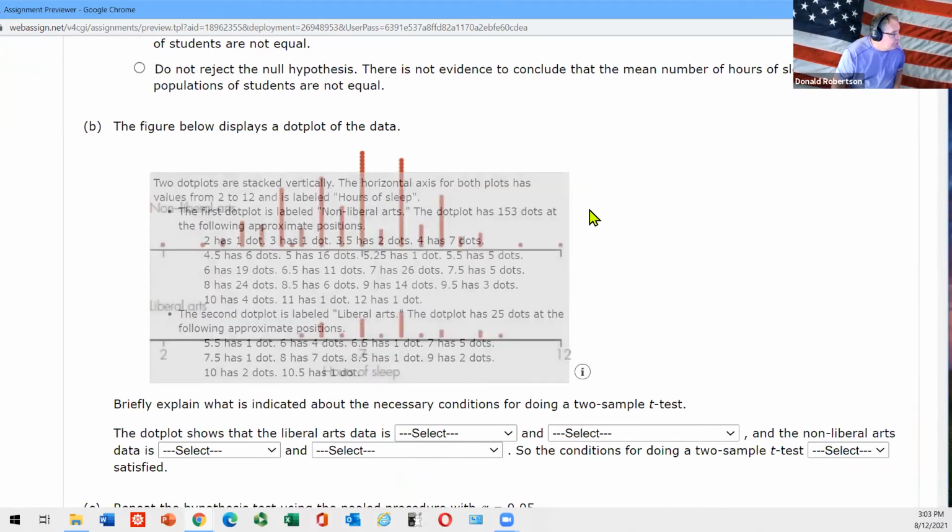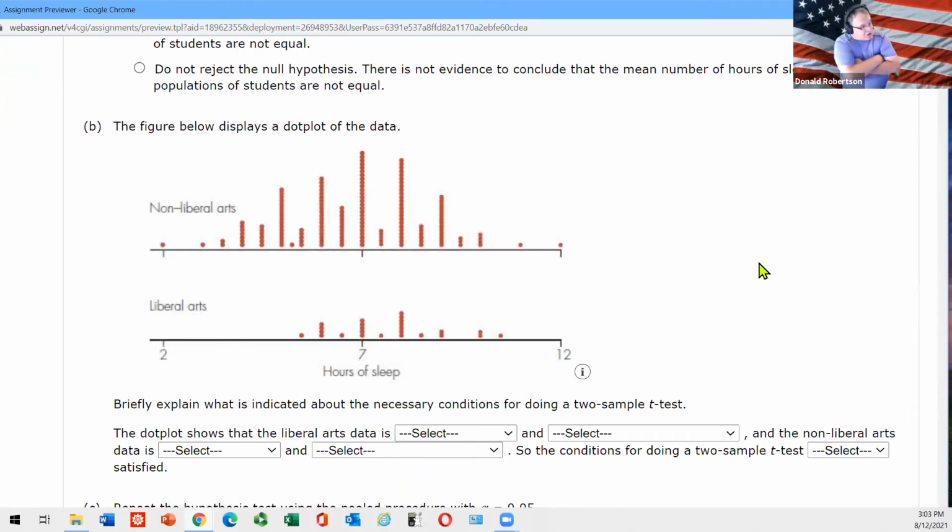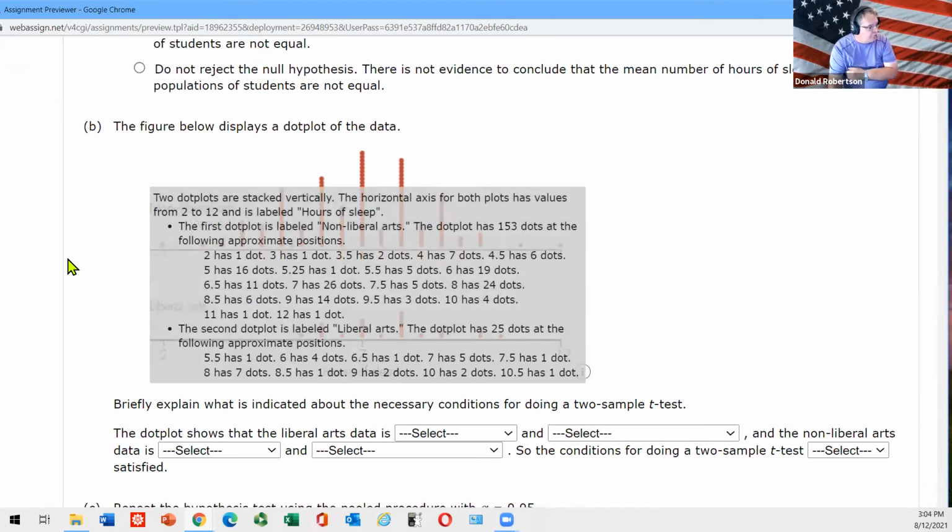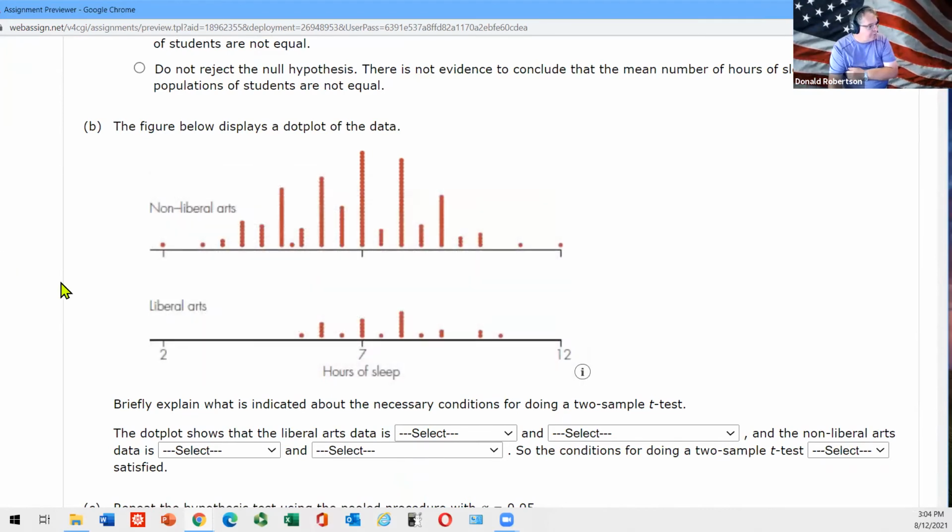Does this data look approximately normal to you? Well, let's see. I wish that writing would disappear, so I'm not going to move my mouse pointer. If you imagine my finger pointing at the screen on the left-hand side, doesn't it go up and then go down? Does it look skewed to the left?